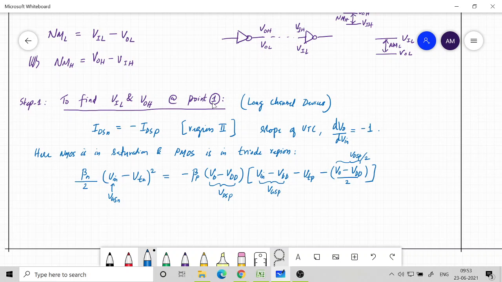So that's the triode equation. Hope you are remembering that. Now what I do is differentiate. To find the slope, I need to take differentiation with respect to Vin, differentiating with respect to Vin on both sides.